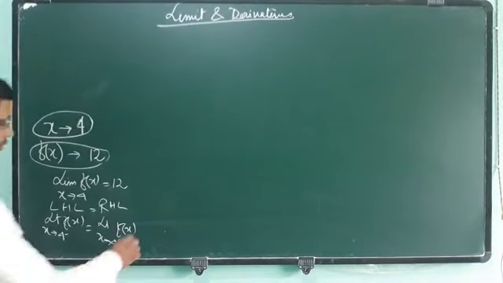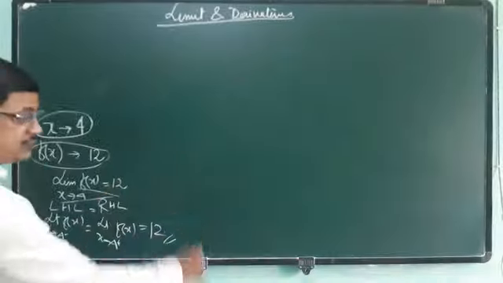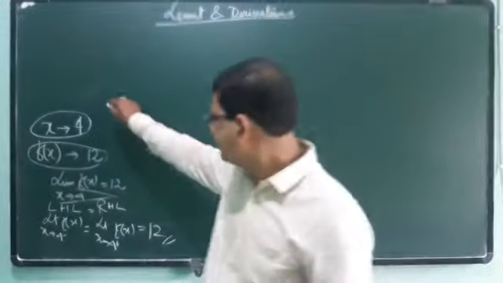If they are equal and the value is 12, then you can say this limit exists and its value is 12. So this is our limit.